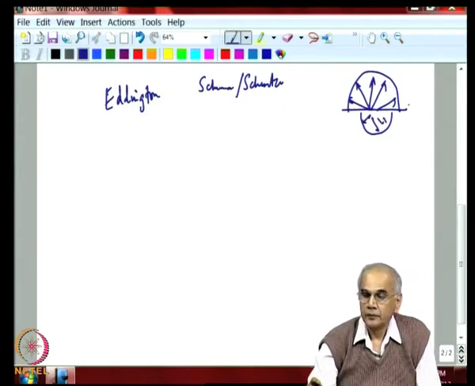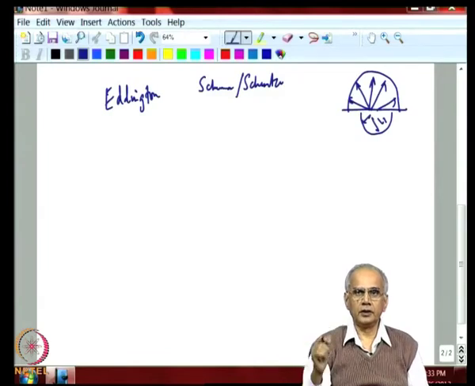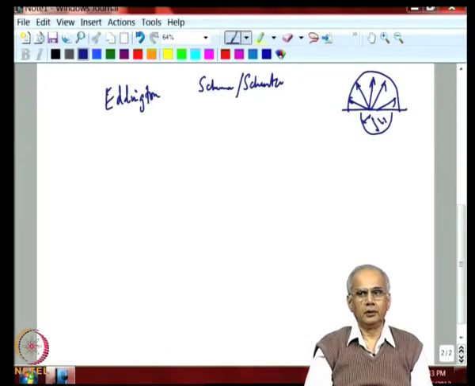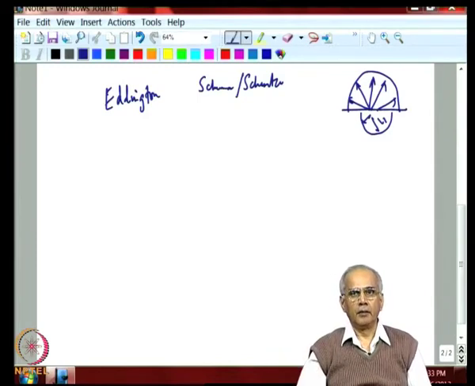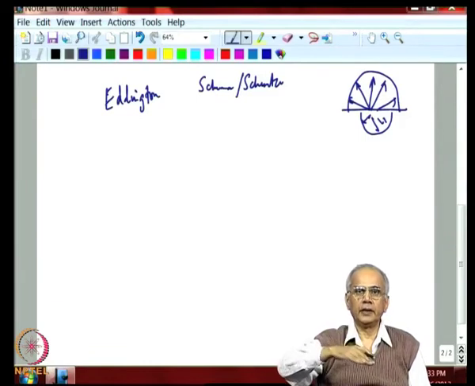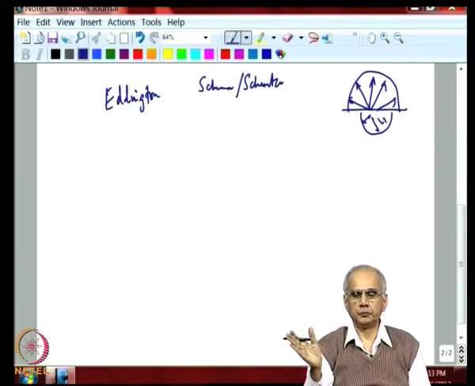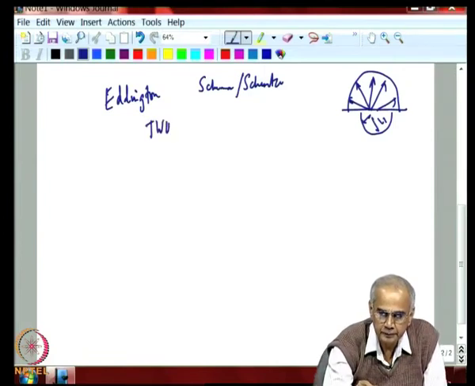That is, in many radiation problems, the upward and downward intensities usually are not equal, because it depends on from which surface the radiation emerges. But within a hemisphere, you can neglect the variation of the intensity with angle. So, this is what is known as the two stream approximation.